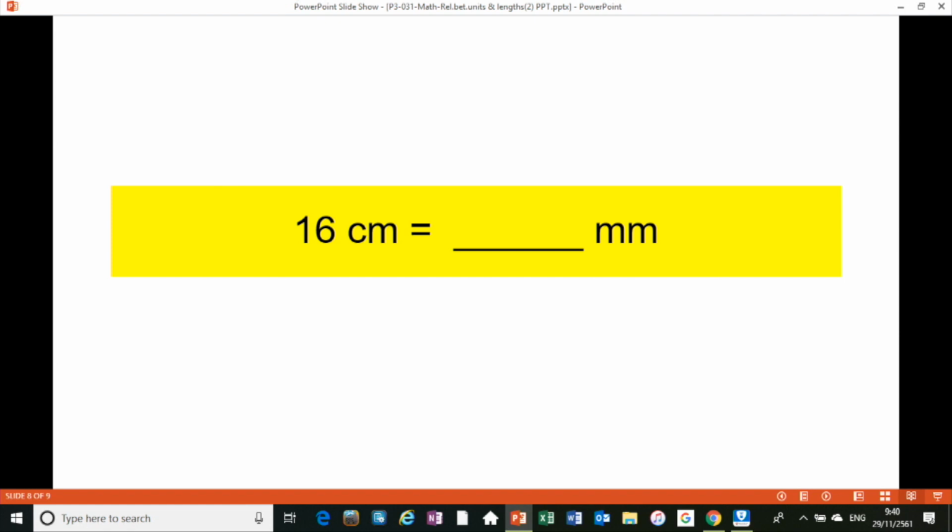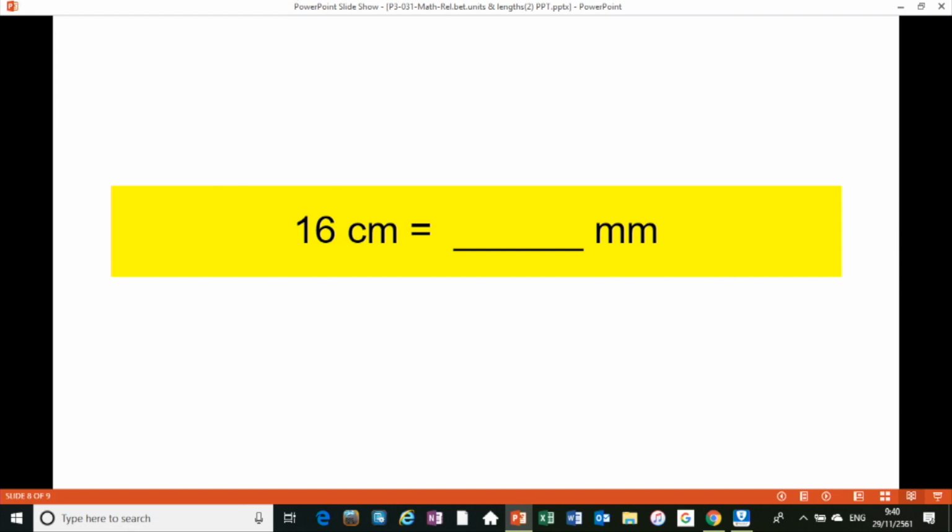So 16 centimeters, 16 times 10, 160. So you see, 16 centimeters is 160 millimeters. We do the calculation, 16 times 10.